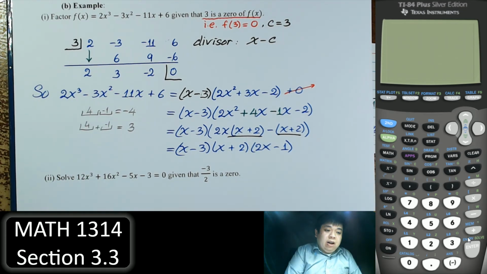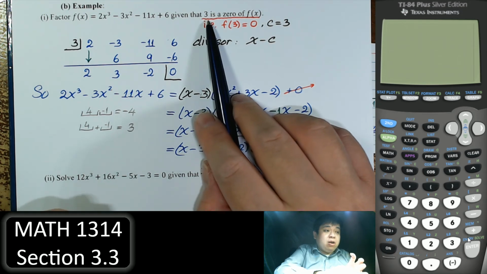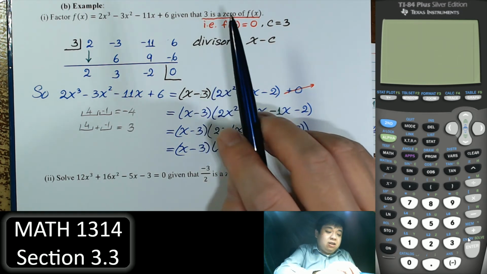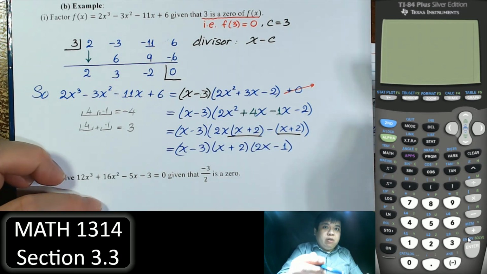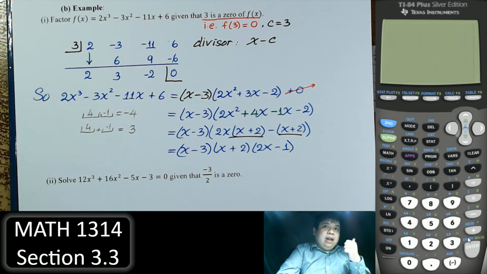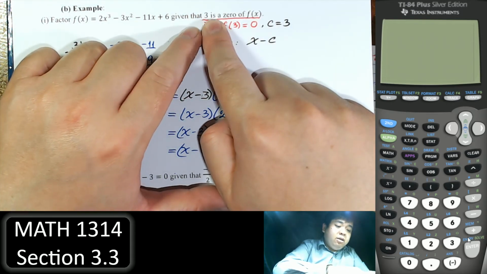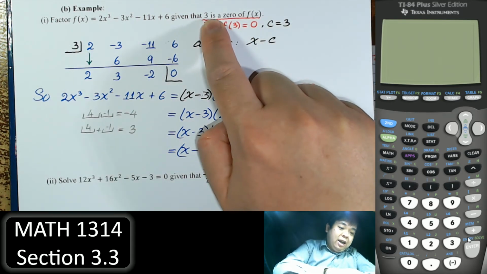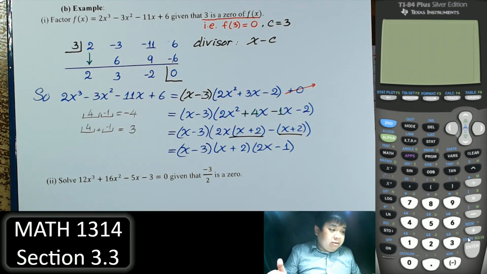Now, let's tie everything together. If a number is a 0, x minus that number is going to be a factor. And when we use synthetic division, the remainder will be 0. So a remainder of 0 will tell us that whatever c is, it's going to be a 0, and x minus c is a factor.